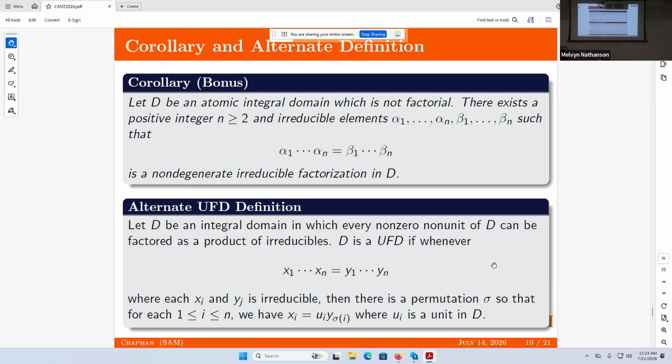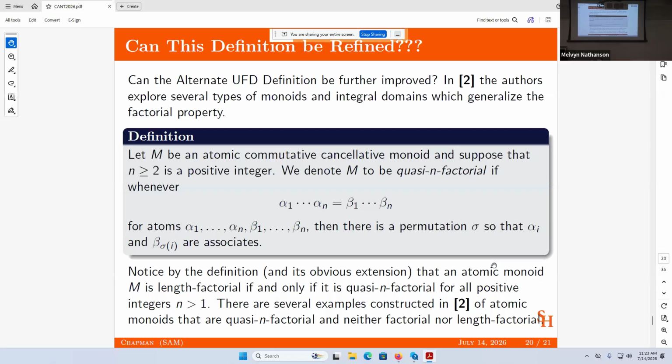Now, for my last minute or so here, let me talk about how we might not be done. And I mean that by might, because there's an open problem here that survives from that 30-year-old paper I referenced. It goes like this. I'm going to make a new definition, called quasi-n factorial.